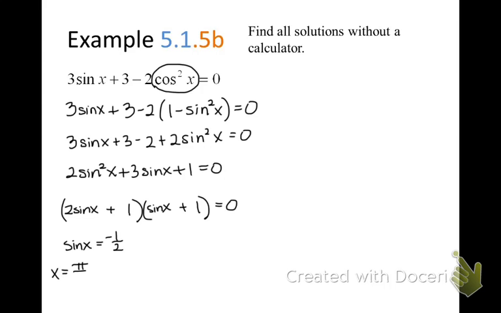I've heard pi over 6 or 30 degrees. But I need all solutions, so any revolution of that is going to give me the same value. Since I didn't specify 0 to 2 pi this time and I asked for all solutions, I need to add a 2 pi revolution times any multiple k.